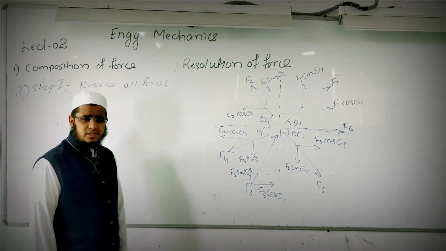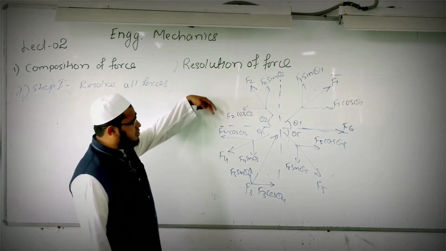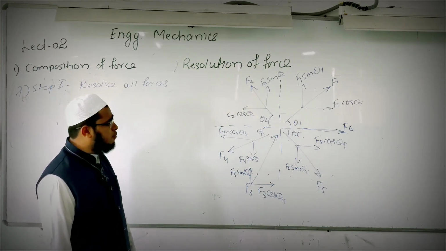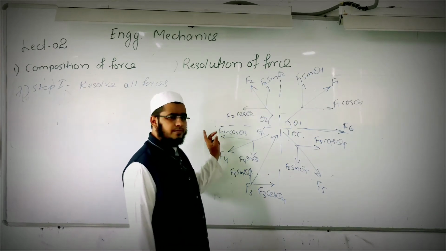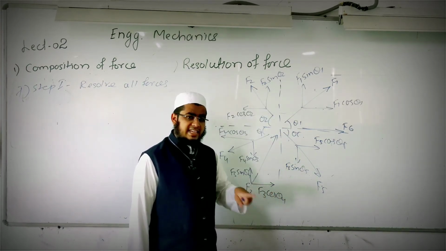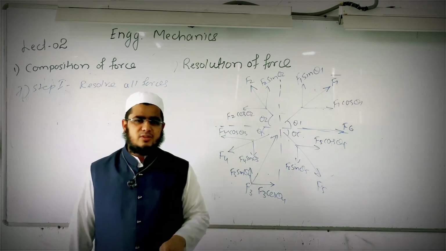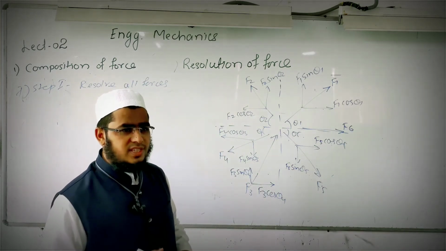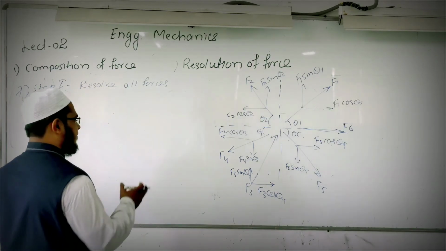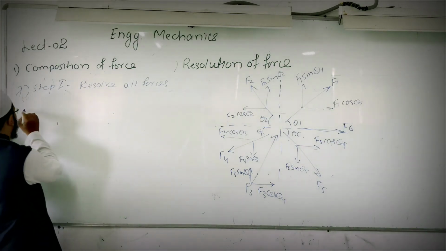We have split each force into two components, and with components the force system is now of 10 forces. Initially the force system which is given is of 5 forces. After resolution it will become a force system of 10 forces.